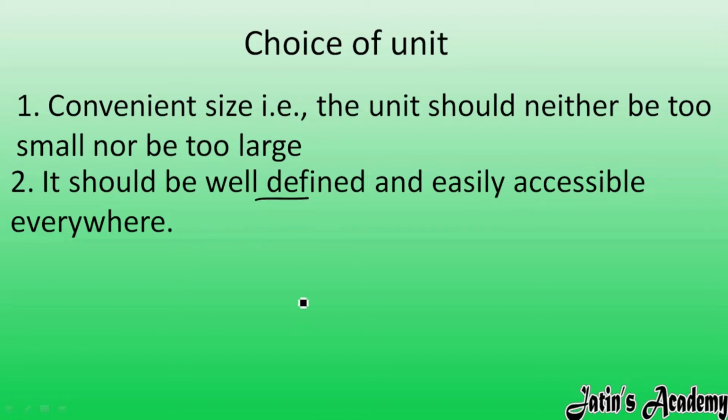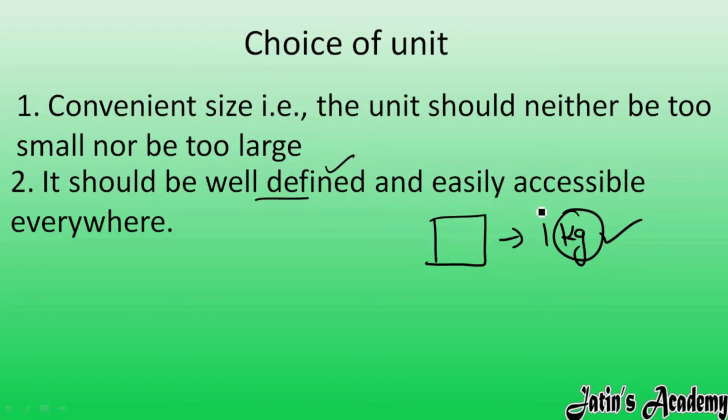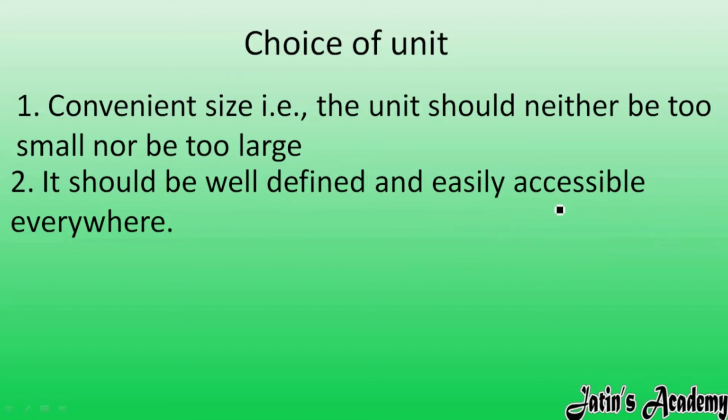Well defined means if I am using kilogram here, then abroad or in any other place also I am using the same 1 kg. If the mass of this box is 1 kg, it will be the same here and in any other place. So this unit kg should be well defined, and easily accessible means each and every person should know that 1 kg means kilogram. So our unit should be well defined and easily accessible.